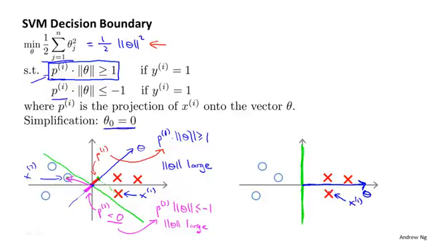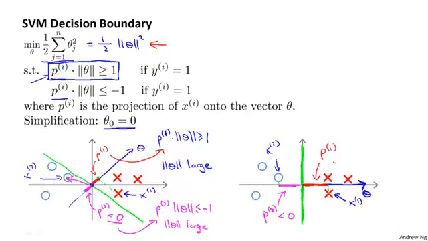So when I project this onto theta, what I find is that this length there is P1, and if that example is x2 and I do the same projection, then this length here is P2. Really, this is going to be less than 0.